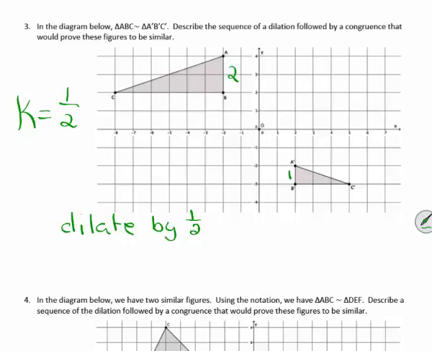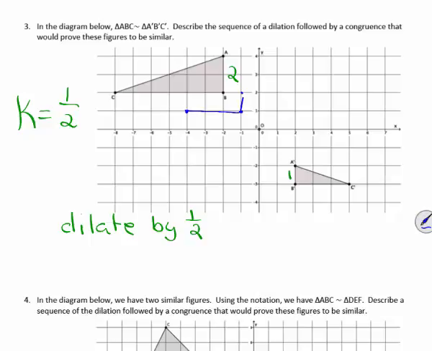So that means I'm going to dilate by 1/2. If I think about where that's going to put it, because I have my points here, this is (-2, 2). When I take half of that, it's going to be at (-1, 1). And this is (-2, 4), so this is going to be (-1, 2). This was (-8, 2), so it's going to be (-4, 1).